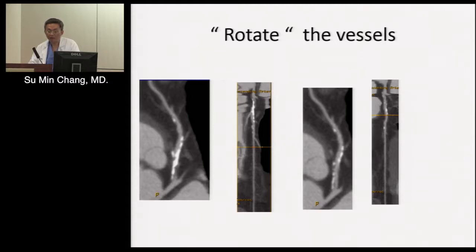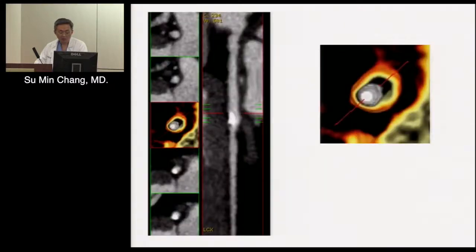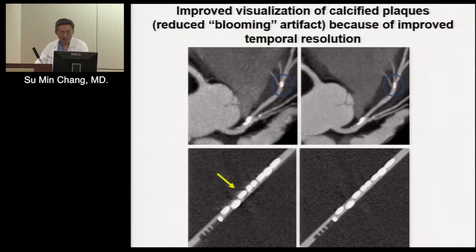You can go 360 for each angle. Each degree you can have a different view. So that's another advantage of CT. Once you acquire the images, since it's a true 3D acquisition, you can display any angle you want. Okay, so this is one possibility. Virtual IVUS, I don't think is that useful.